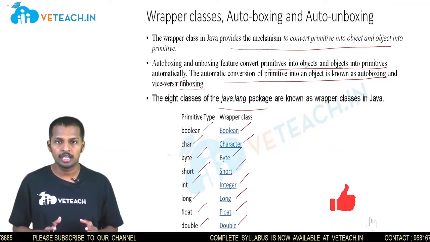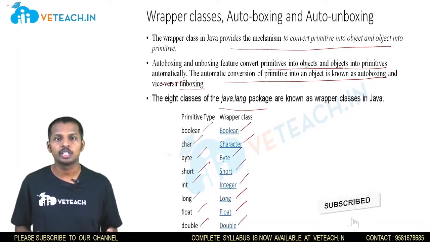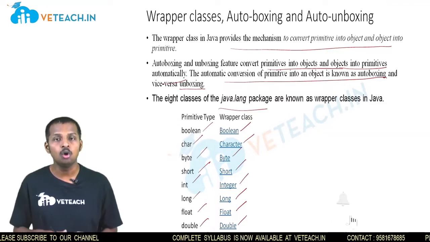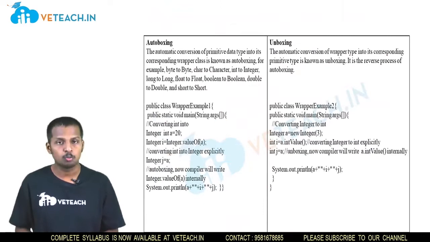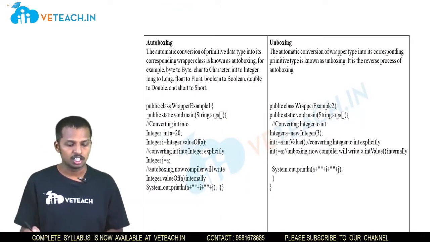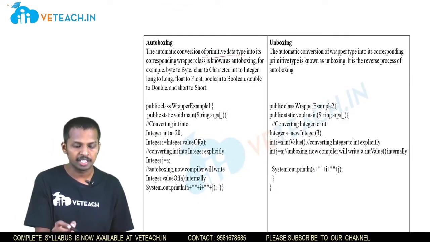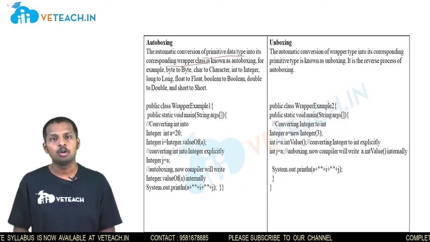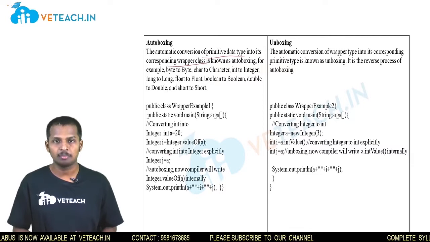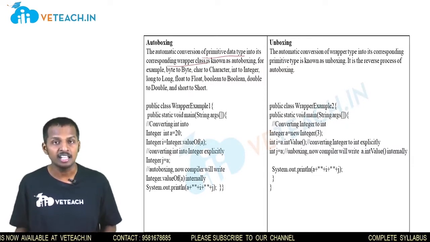So by using wrapper classes, we can do either auto boxing or auto unboxing according to the user requirements. The automatic conversion of a primitive data type into its corresponding wrapper class is known as auto boxing. We have a primitive data type and we convert it into its relevant wrapper class.